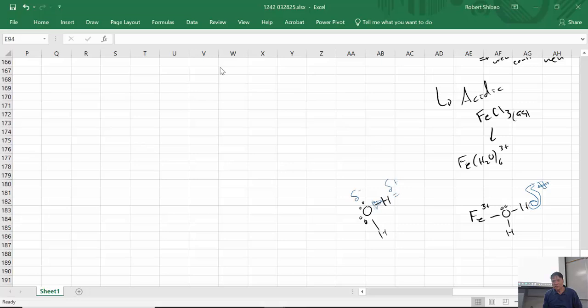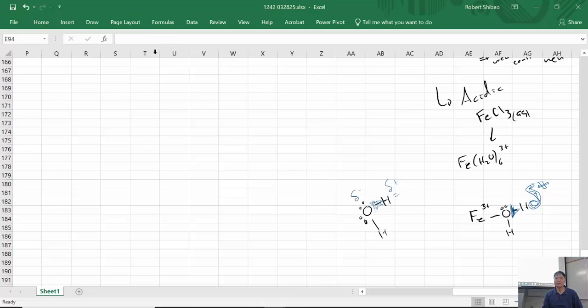Over here, this is going to be a heck of a lot more polar. The electron cloud density should be highly polarized, whereas here it's less polar. And what that means is that this is going to be more positive.